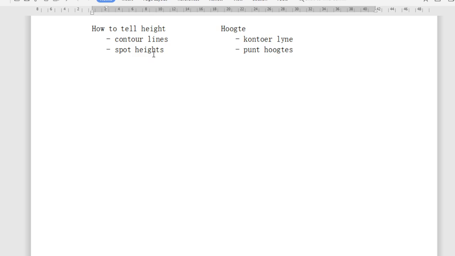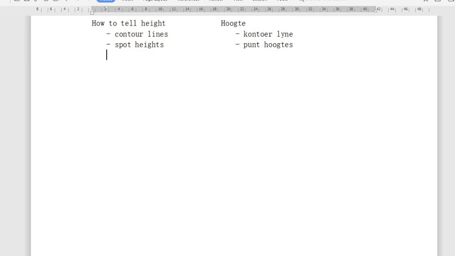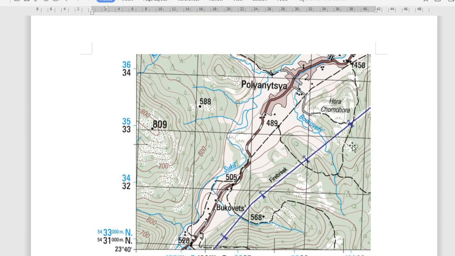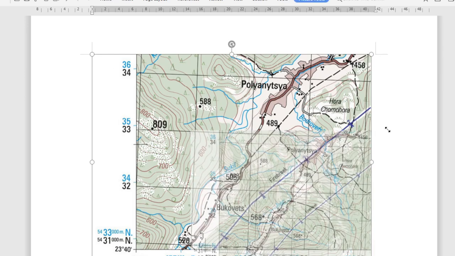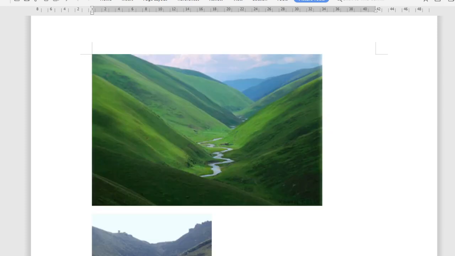Okay, then another one that we can't see on this map here. Let's see if they've got one. No, they don't. Another one we can get on a road, usually by a bridge. If we want to know what the height of the bridge is, then I just go like that so that it comes up here.